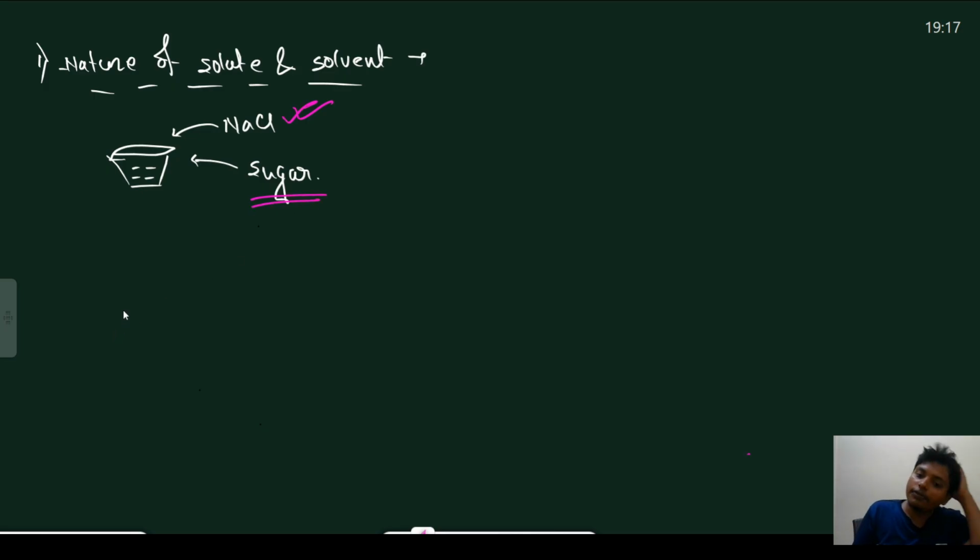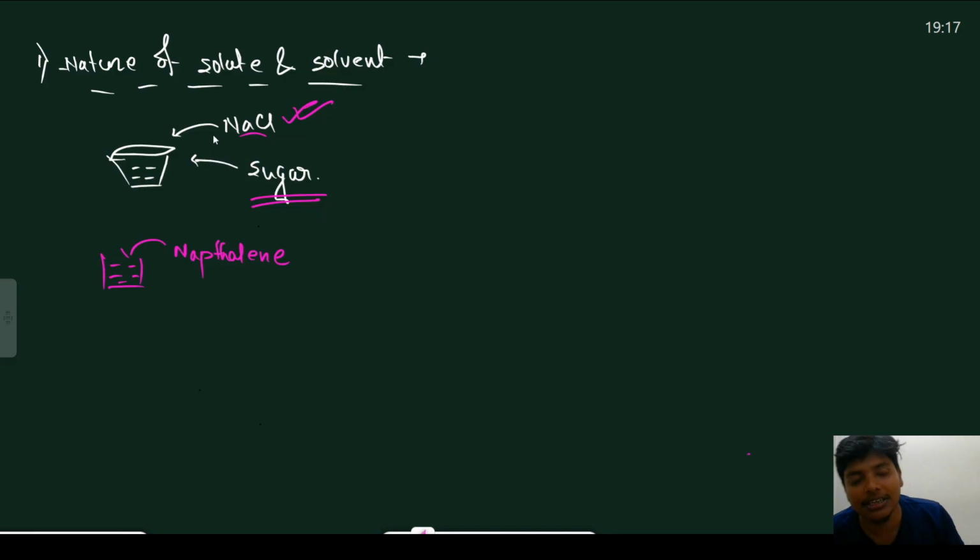Or else you take water. Do you know naphthalene balls? You saw naphthalene balls, right? So you crush the naphthalene ball. It will look the same as NaCl. Then obviously wash your hand. Crush the naphthalene ball and try to dissolve it. It will not dissolve. It is impossible. Clear?